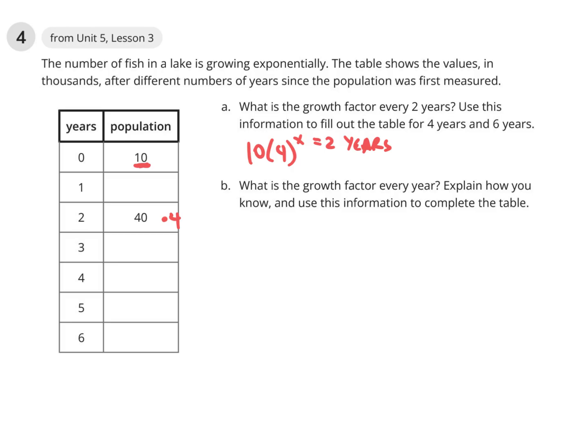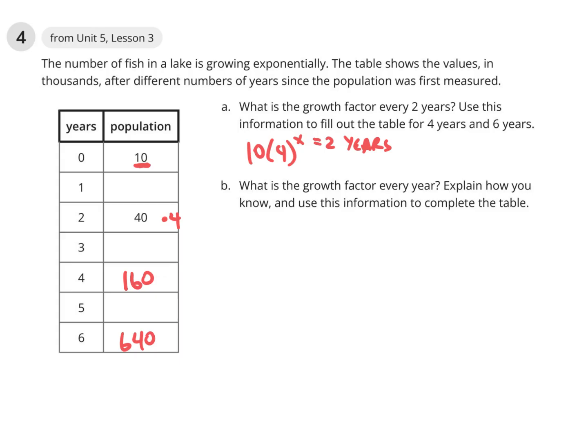So at 1 jump, I'm at 40. At 2 jumps, I'm at 160. But remember, that is 2 years. So it's not the next one. It's all the way down here.